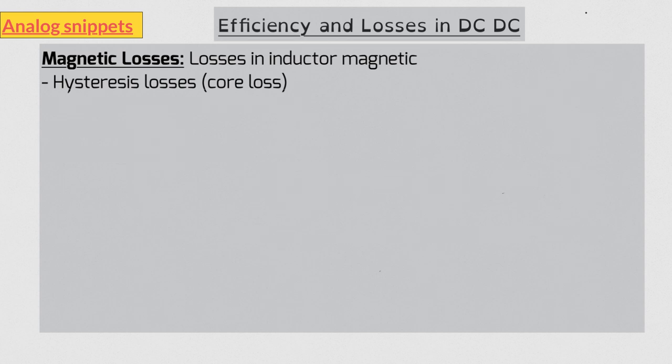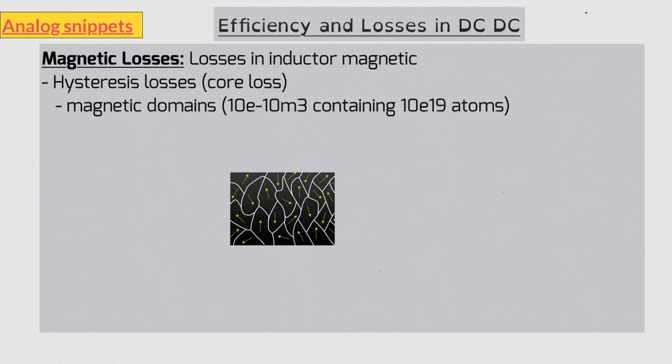Hysteresis losses are associated with the magnetic domains in the core material. Core material is built up with tiny grains of magnetic domains. The volume of these domains is roughly 10 to the power minus 10 cubic meter, which is slightly smaller than 1 millimeter a side, and it contains roughly 10 to the power 19 atoms. All these domains can be considered as tiny magnets.